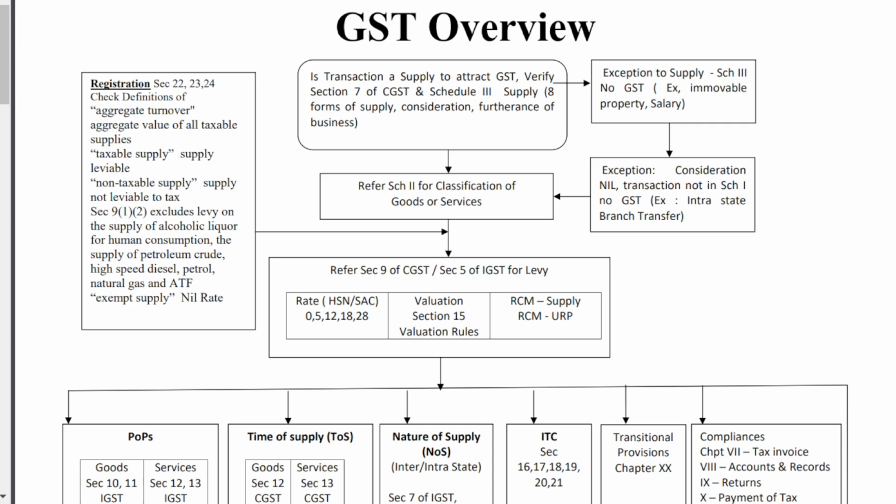First one, let us understand: is the transaction a supply to attract GST? First one is verify the scope of supply under section 7 of the CGST and Schedule 3.